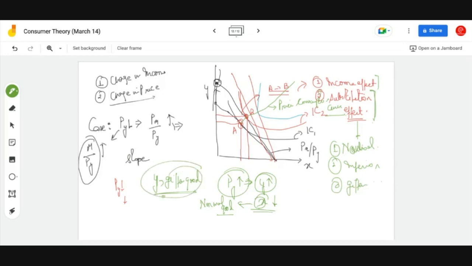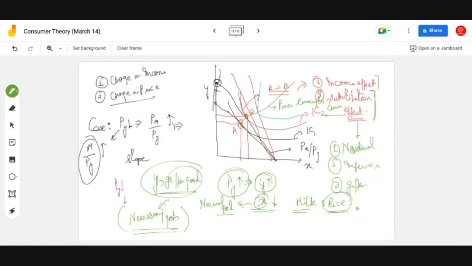Because given goods are sometimes necessary goods. Let's take the example of, let's say, milk and rice. What is more important for consumption, rice or milk? Rice.